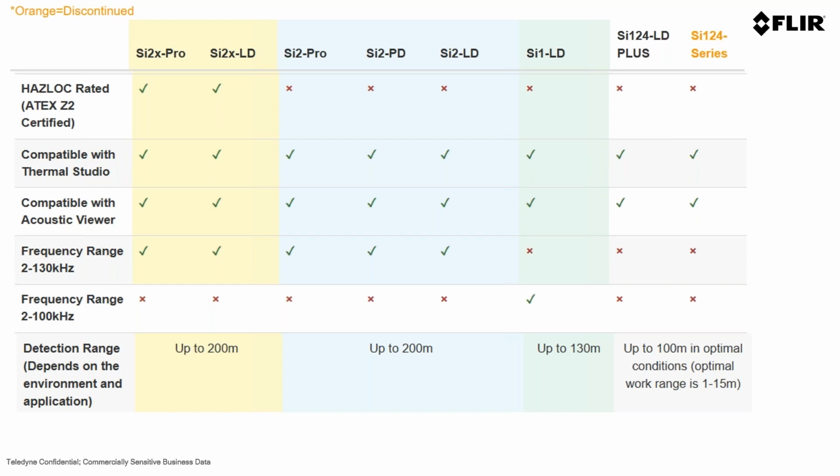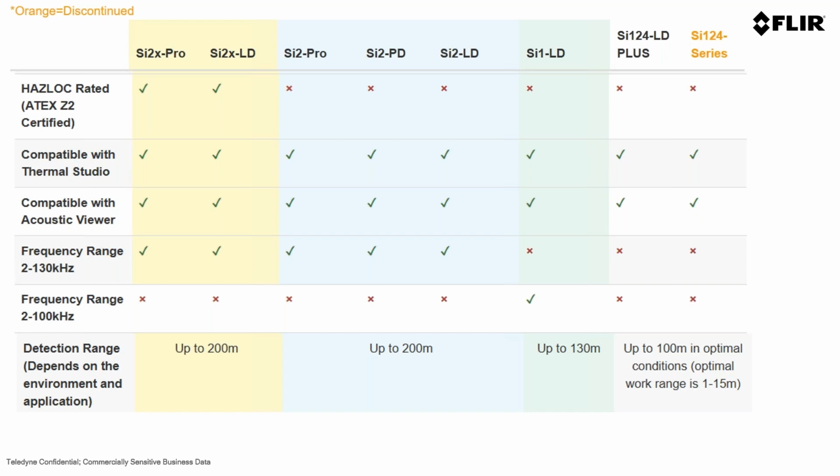And the next characteristic is the frequency range. As David pointed out previously, the frequency range is expanded in the SI2 series, and that's mainly because of the type of phenomena we are capturing and the type of applications we have.